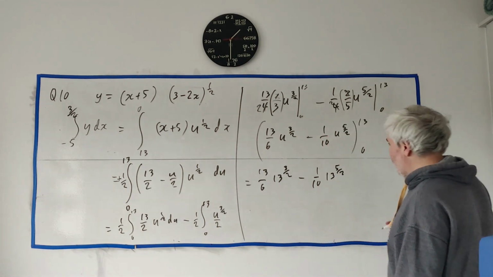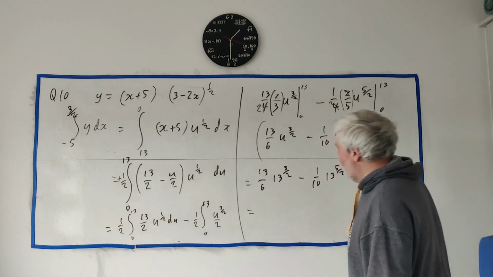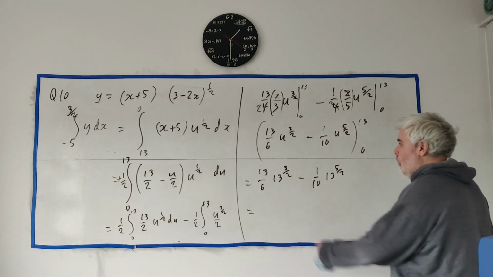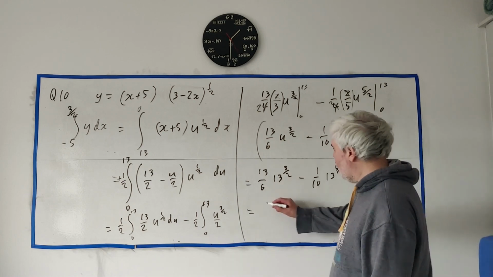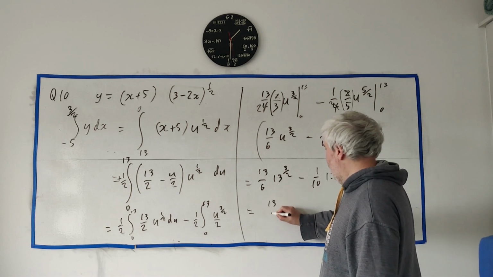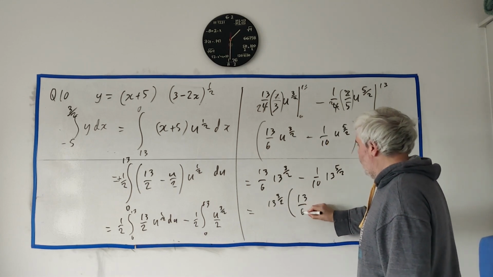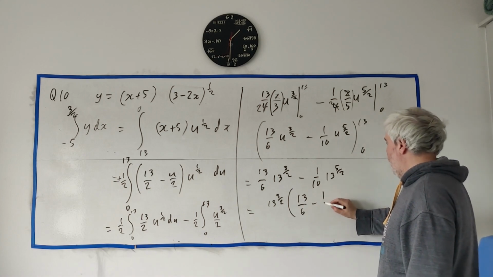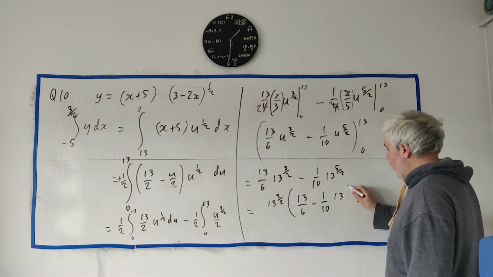And you can actually go ahead and put that in your calculator if you want at this point, but we can do it a bit more mathsy. Let's see, we can take 3 over 2 out of both of them. So we'll get 13 to the power of 3 over 2, 13 over 6 minus 1 over 10 times 13.